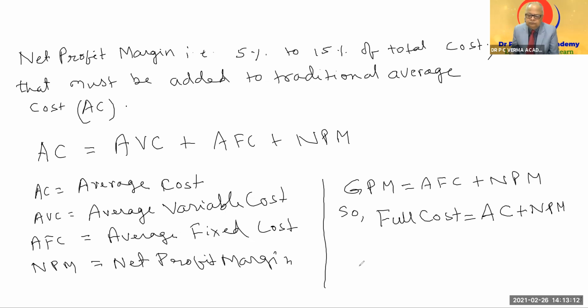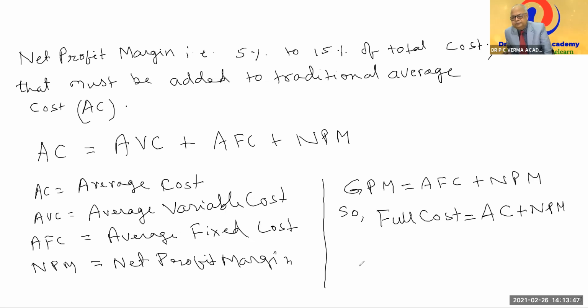Because full cost is equal to average cost plus NPM, then this term is related to average cost. Full cost is in terms of per output in this case. Or if it will be added to total cost, it means it is multiplied by Q quantity. Correct it.